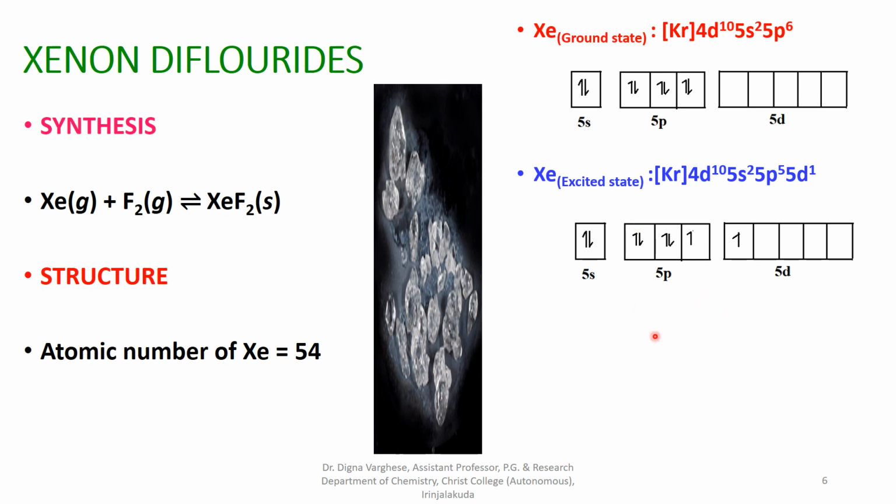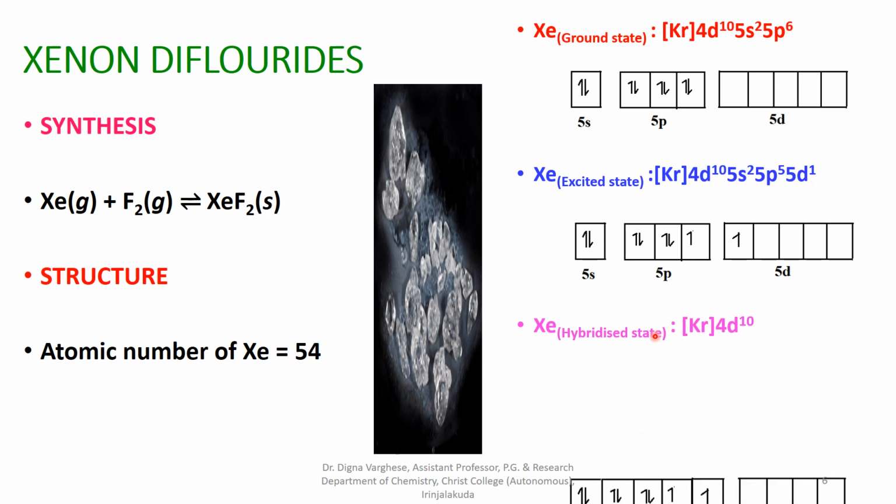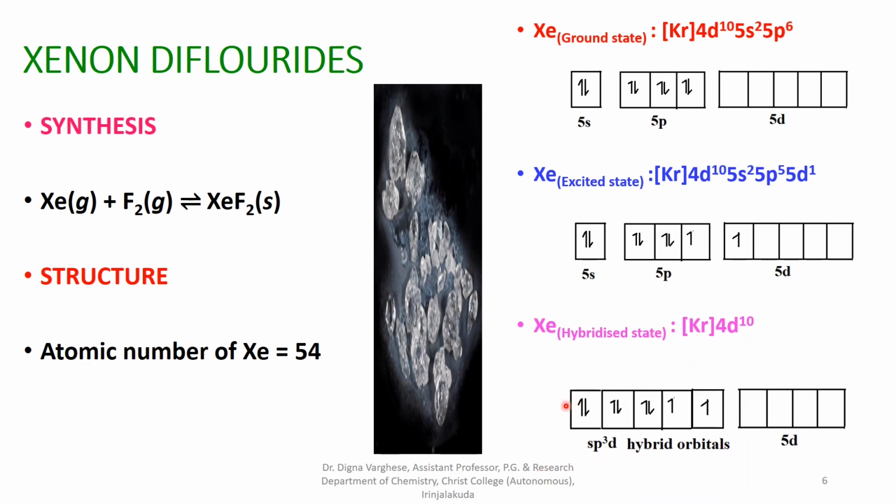In this case, sp3d hybrid orbitals are forming, that is, the s orbital, 3 p orbitals and 1 d orbital hybridize to give sp3d hybrid orbitals.